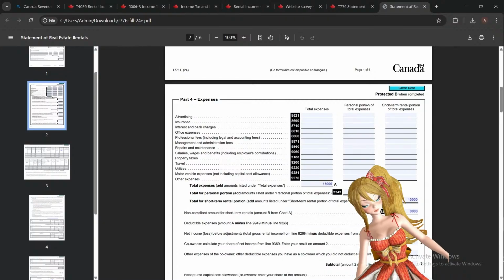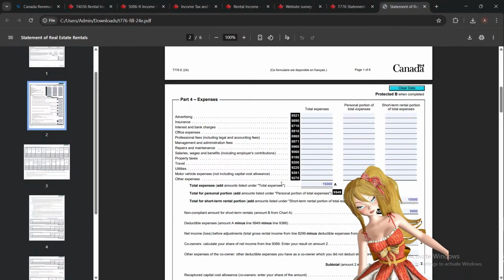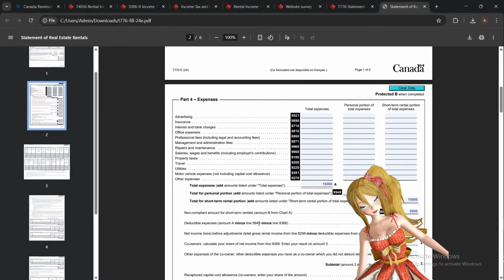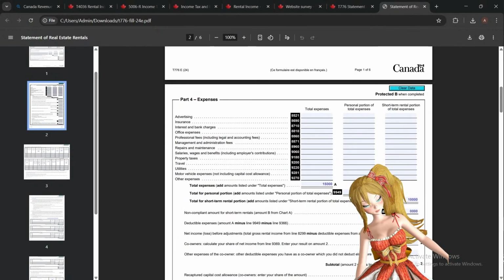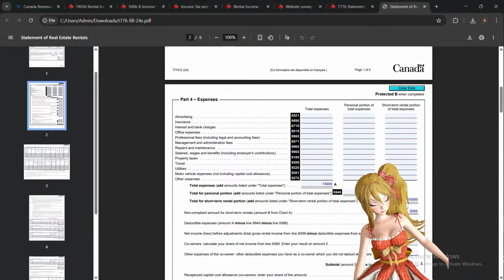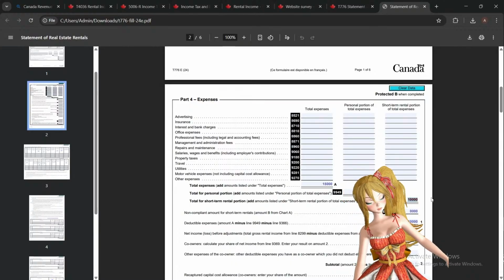Then the deductible would be 15 minus 5 minus 0. The deductible would be 10,000. Okay, that kind of makes sense because it matches this number.